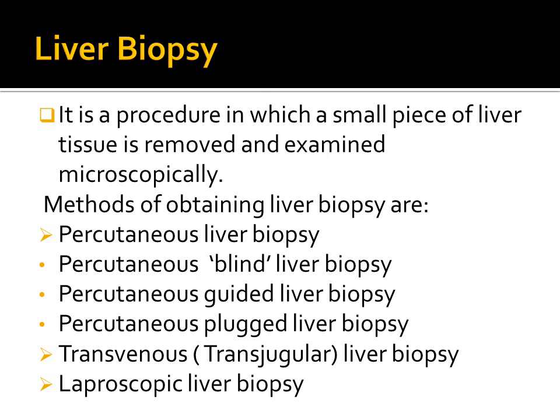Then the other method is the transvenous route, where we insert the needle to take the biopsy through the jugular vein. And the third is the laparoscopic liver biopsy, where we open the abdomen and take the biopsy.